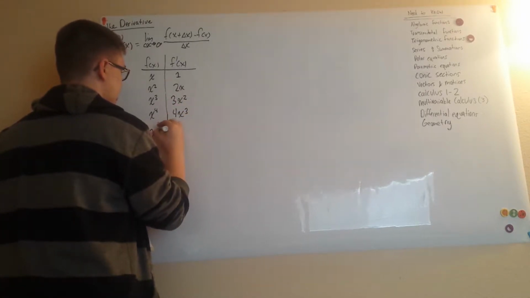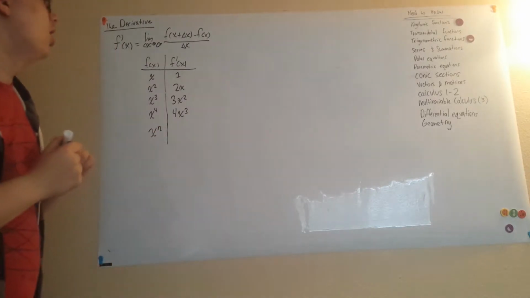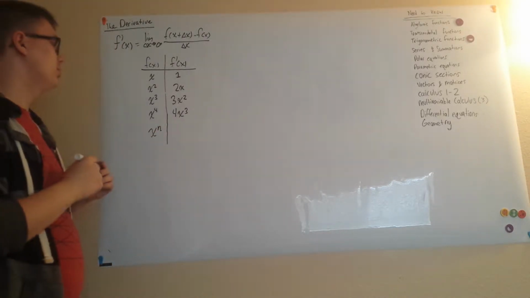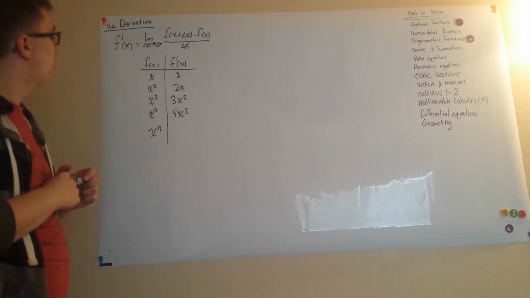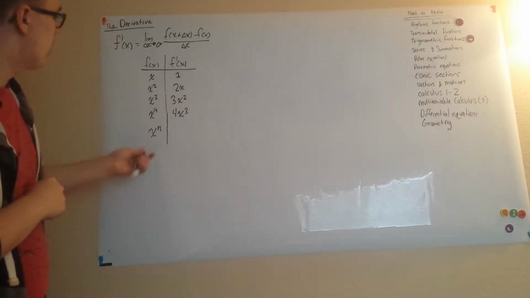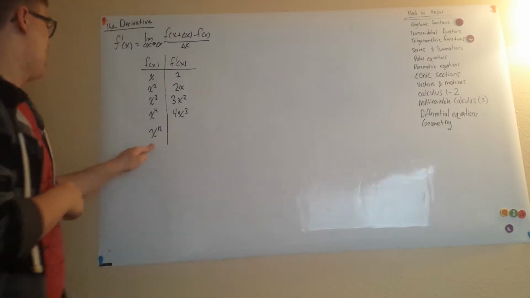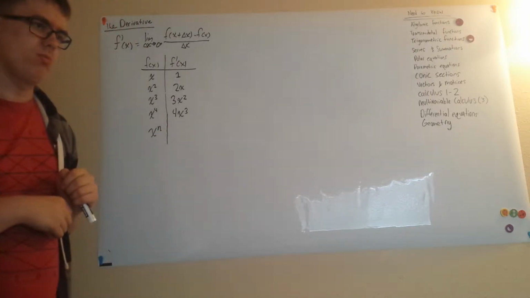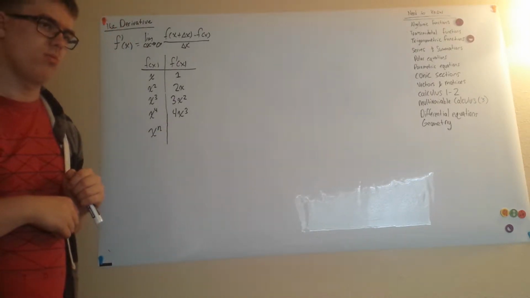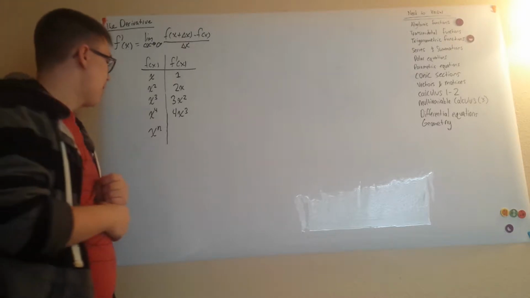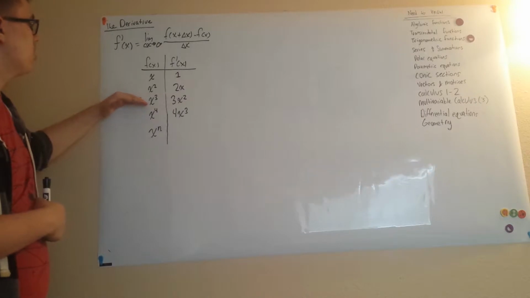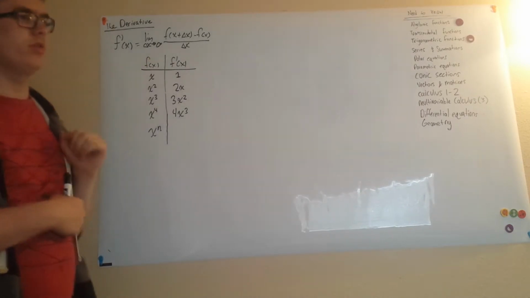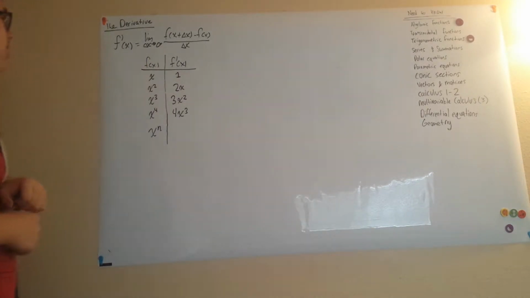And then I'm going to ask you, what if we just plug in x to some power n? Can you see a pattern here as we go along the function and its derivative? Do you see a pattern?